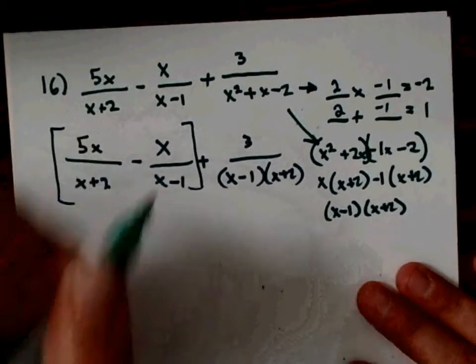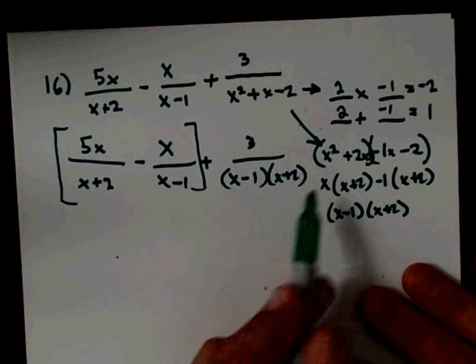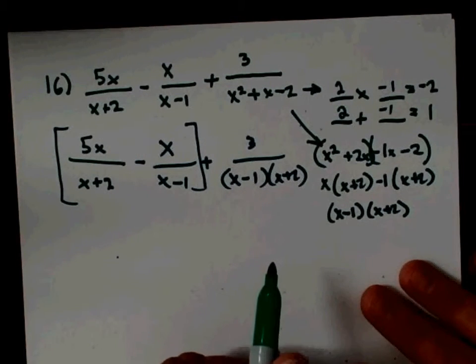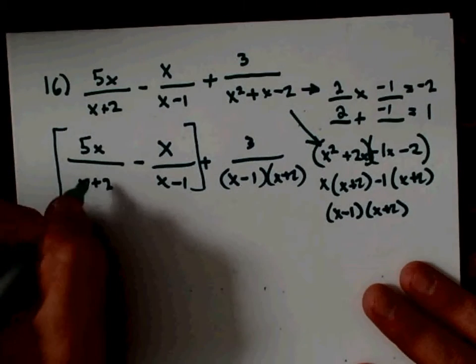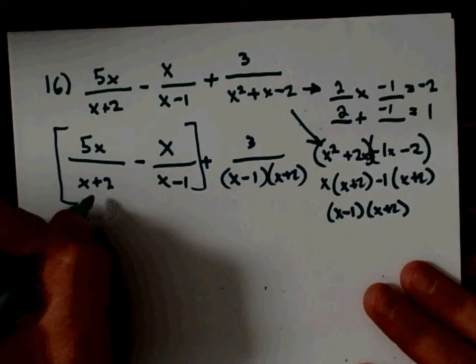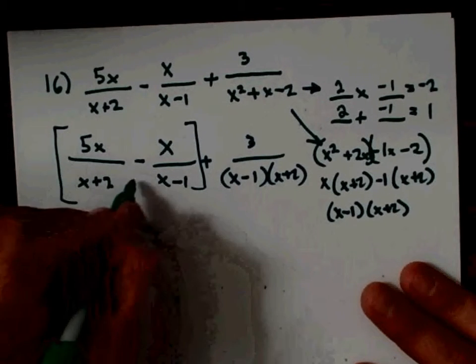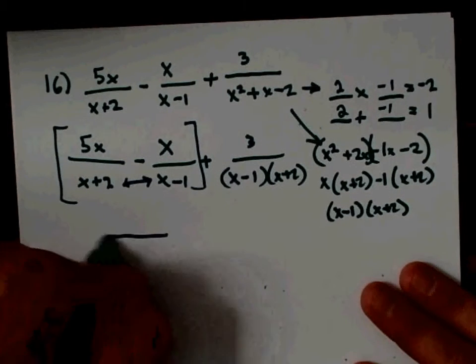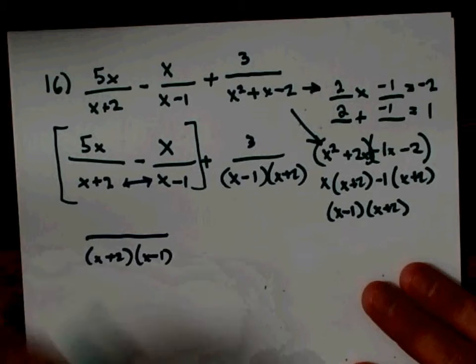So I'm going to look at this one first, because this tells us what our GCF is going to end up being: x minus 1, x plus 2. So, if I'm combining it on this side, what is this denominator missing? Right. So therefore, I multiply those together, and that's going to give me x plus 2, x minus 1.